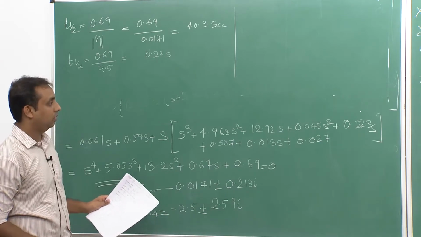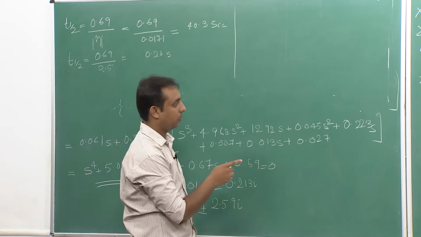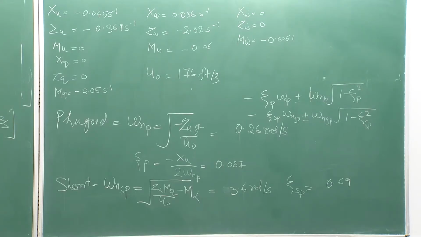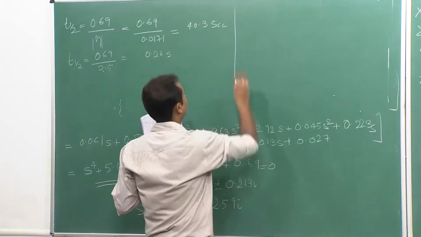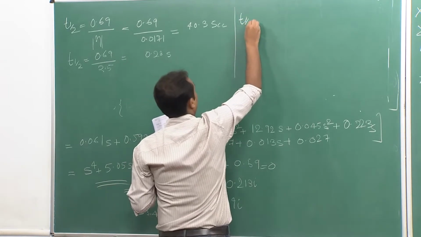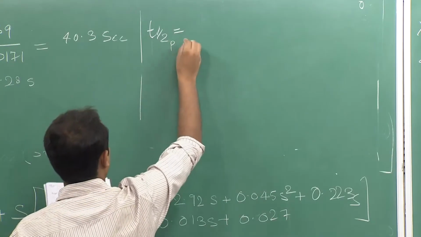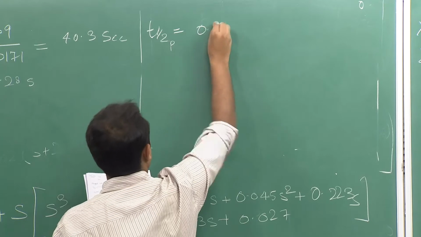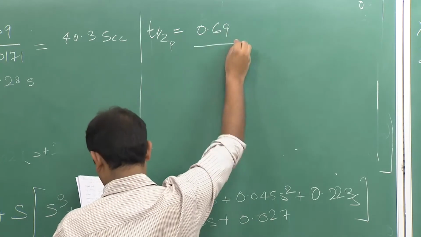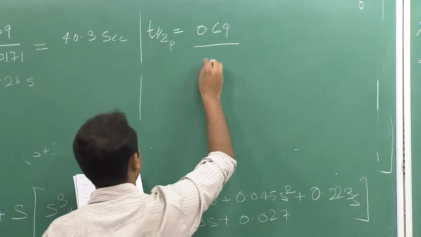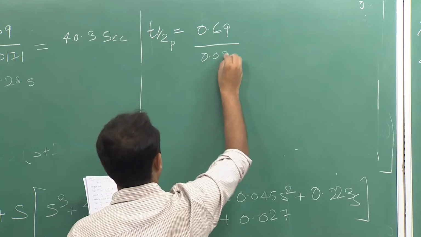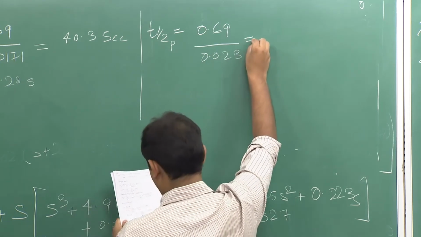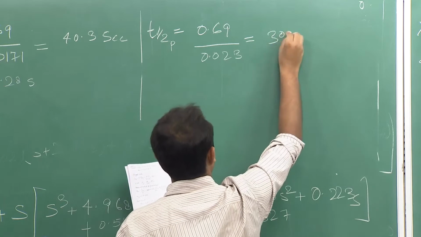Now, for the roots which we got while approximating phugoid and short period mode, from that t half for phugoid mode equals to 0.69 divided by 0.023 equals to 30 seconds.